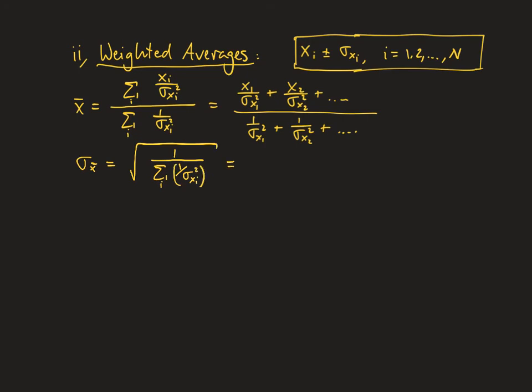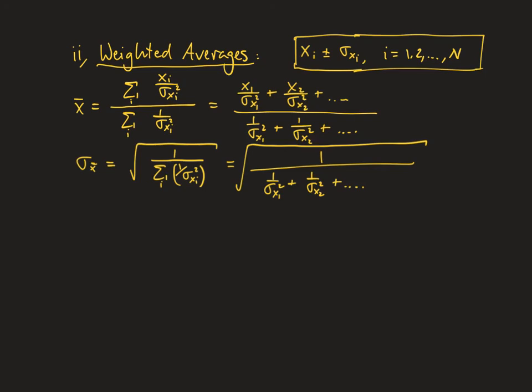Again, what that means is we're going to take 1 over sigma x1 squared plus 1 over sigma x2 squared plus dot dot dot. And when we're done, take the square root. It's very easy to forget to take the square root here. So you've got to remember to take the square root.